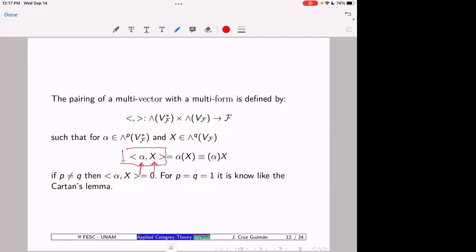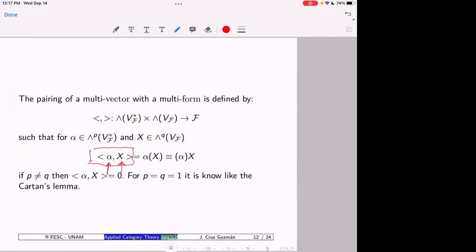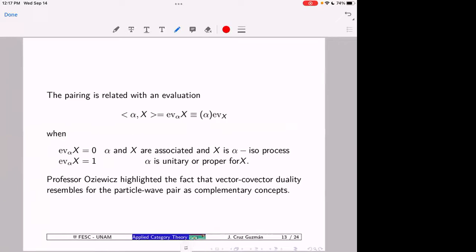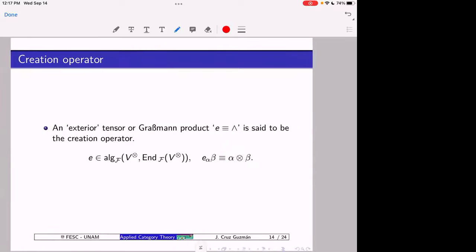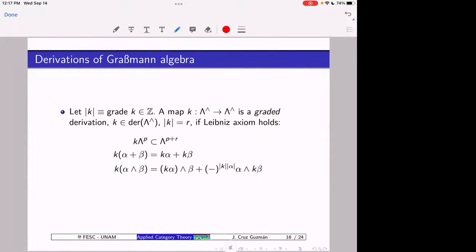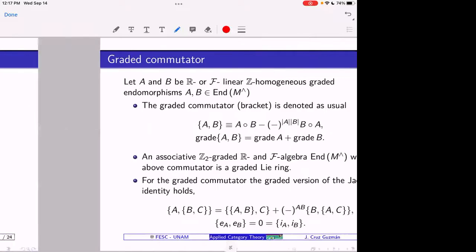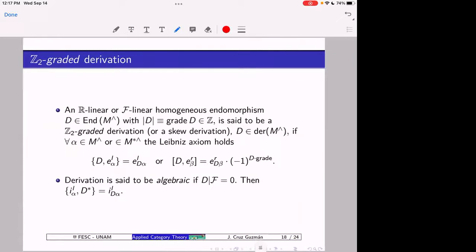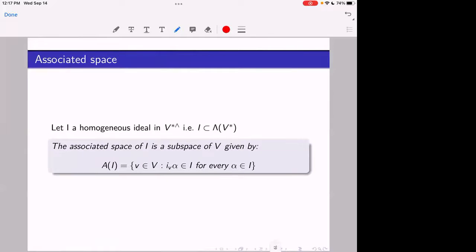Maybe I can put one slide here after this. Not here, but here: the idea of associated space.